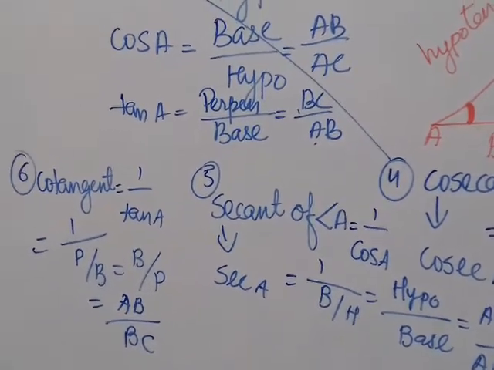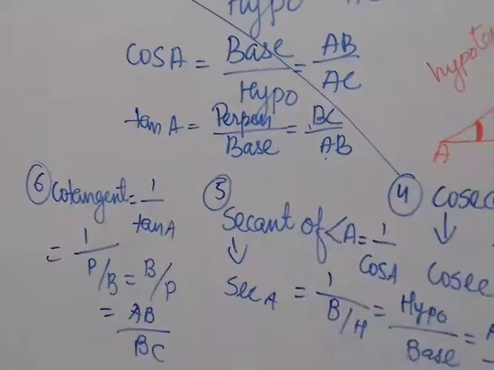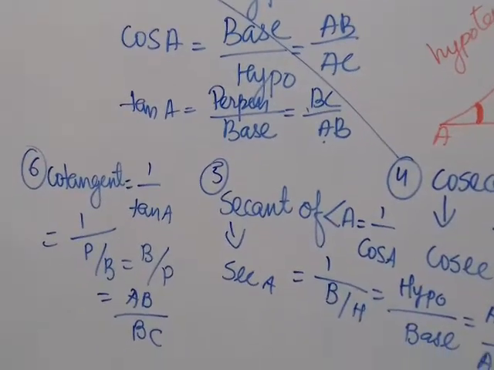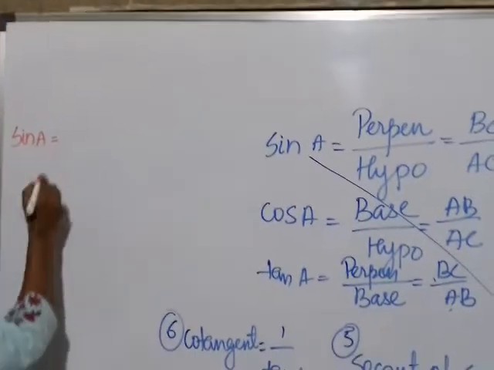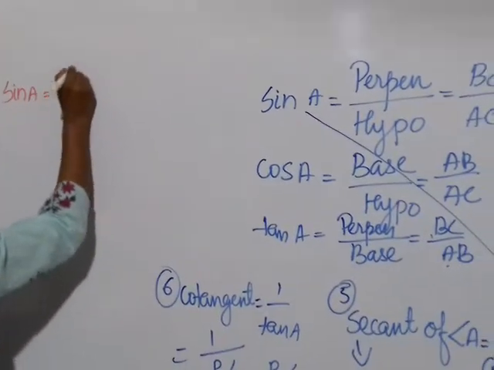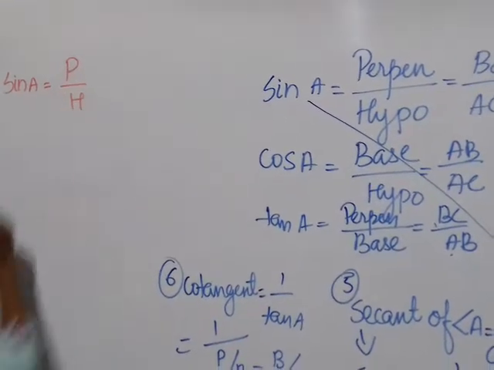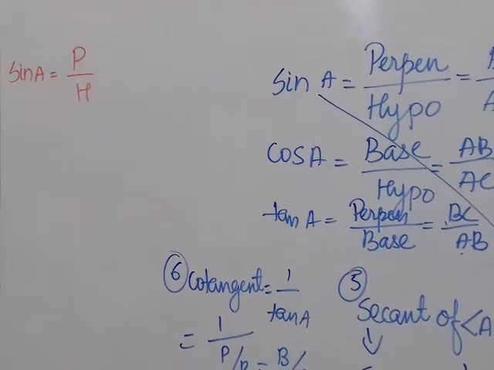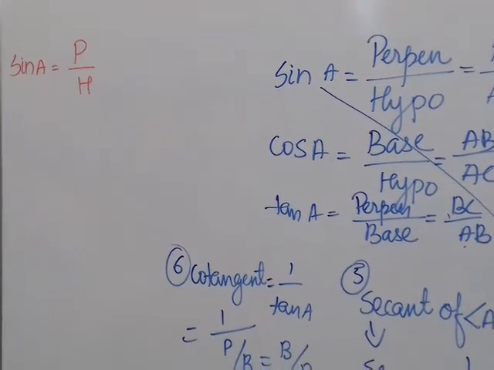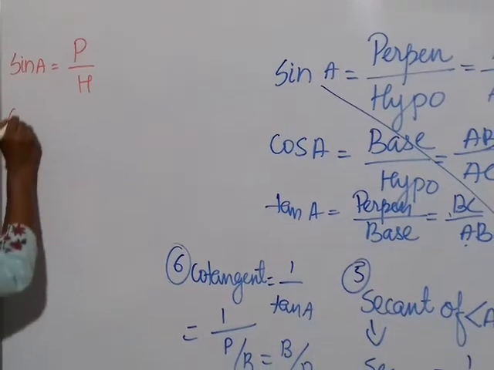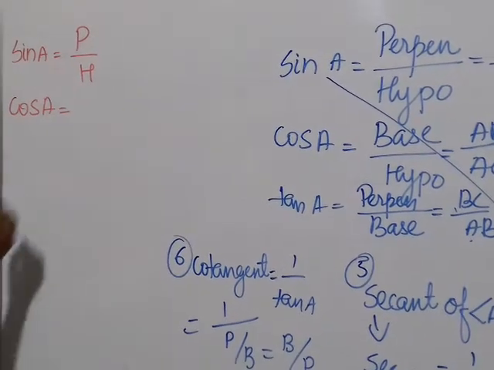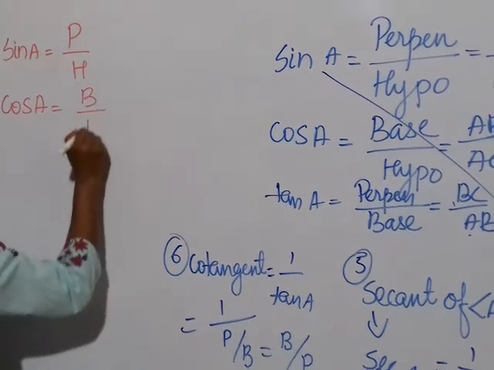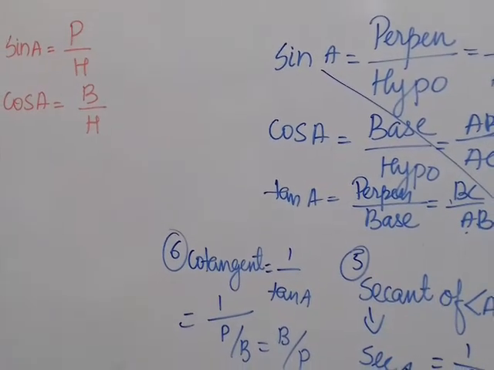Children, don't get confused. I am writing here all 6 ratios very simply. Sin A is equal to P by H. What is P? Perpendicular. H, hypotenuse. Cos A is equal to B by H. What is B?